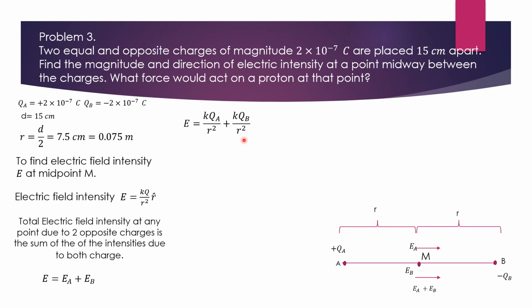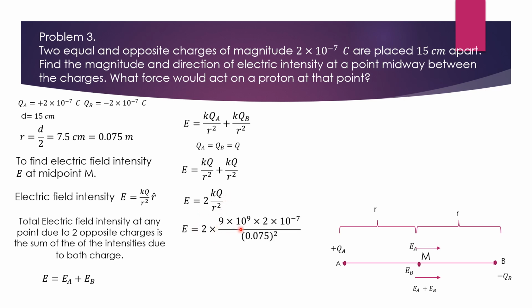Vector I will put later in the answer. Since QA and QB are both the same in magnitude, we put it as Q. So E is equal to KQ over R square plus KQ over R square. Since these are the same quantities, E is equal to 2KQ over R square.